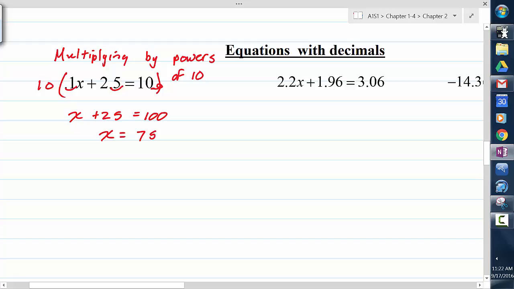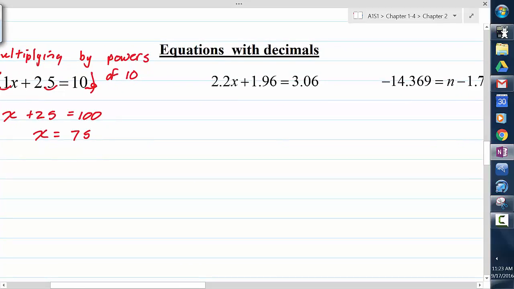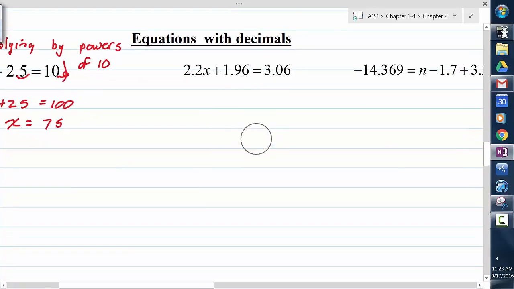So we have that, right? The next one we have equations with decimals. Well, we have this one, the equation where you have two decimal places. If you have two decimal places, now we're not going to multiply by 10 because remember we got to jump it twice.